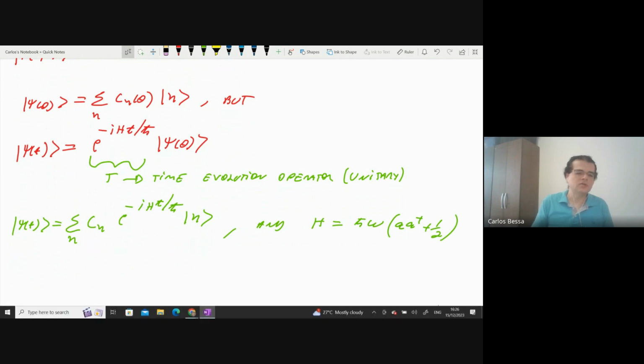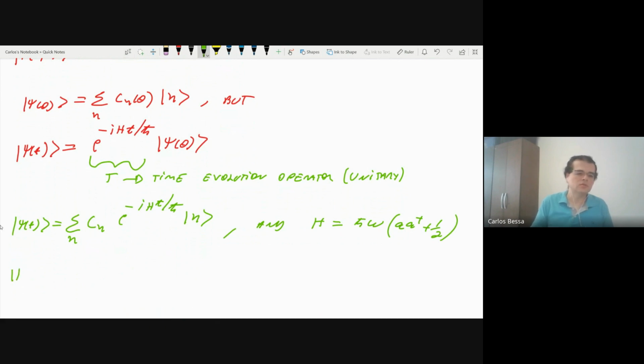So psi of t is just the sum over n of Cn, the constant, exponential minus i, h bar omega (a dagger a plus 1/2) t divided by h bar, times n. So this h bar here goes away with this one.